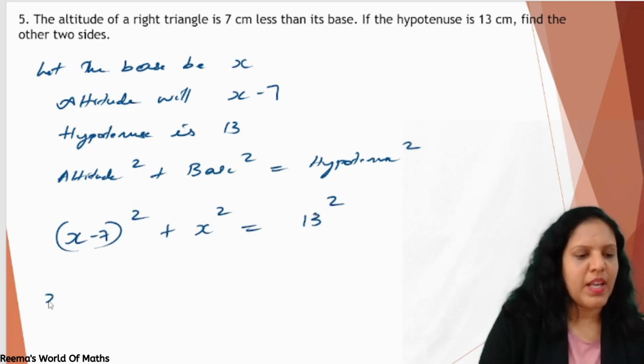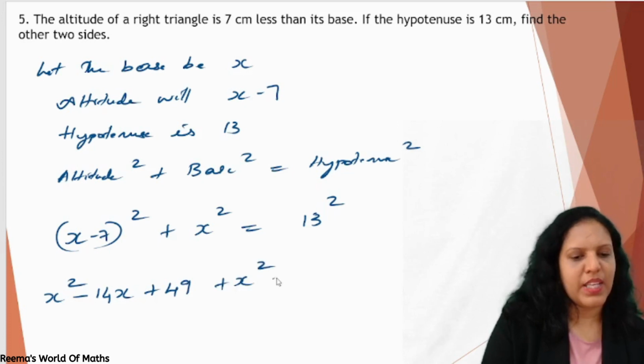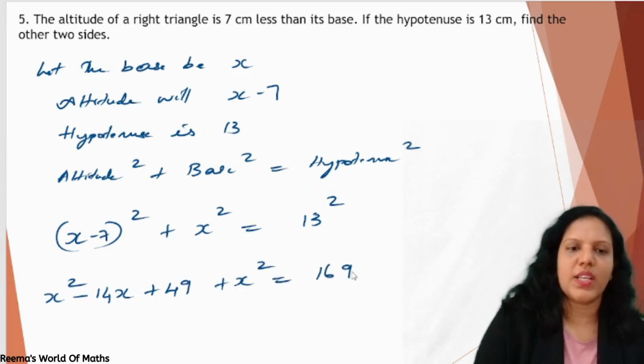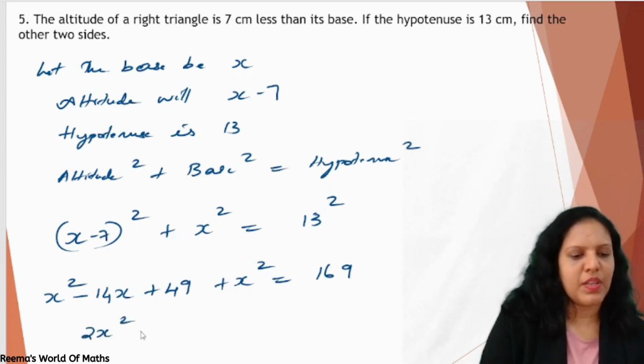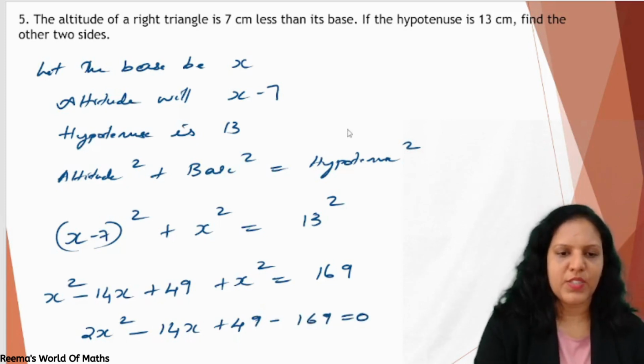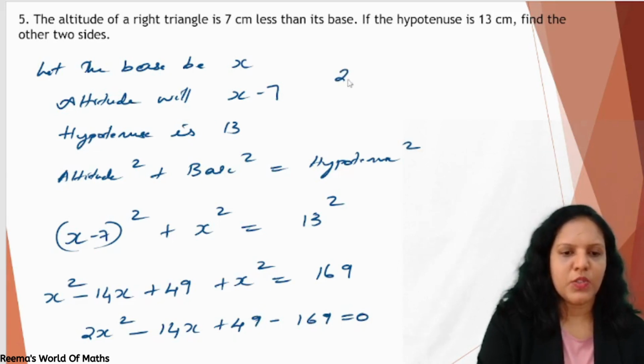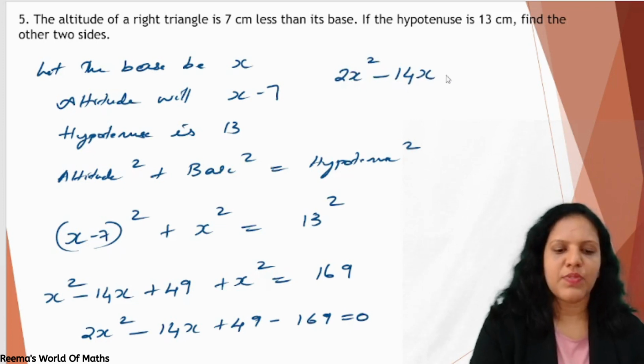So that will be x squared minus 14x plus 49 plus x squared equals 169. 13 square is 169. So which is x squared plus x squared, 2x squared minus 14x plus 49 minus 169 equals 0. So that is 2x squared minus 14x plus 49 minus 169, so that will be minus 120 equals 0.